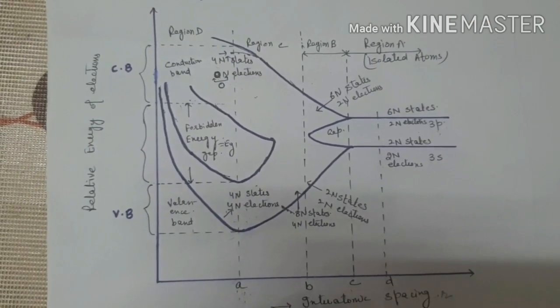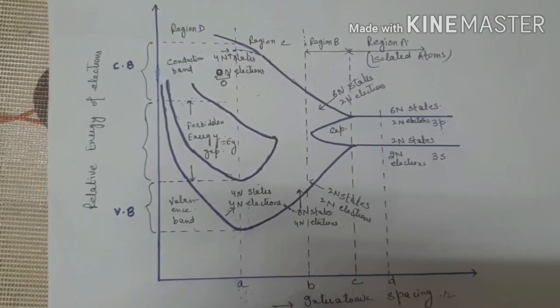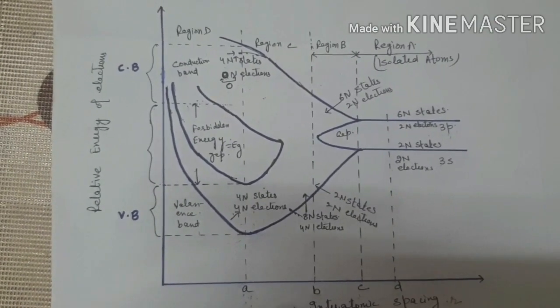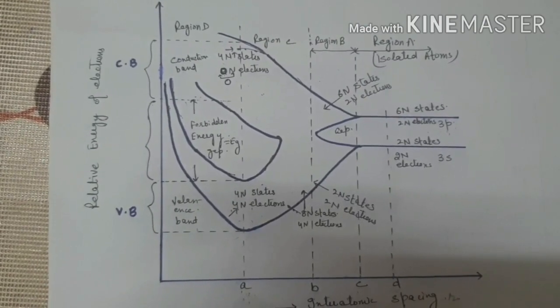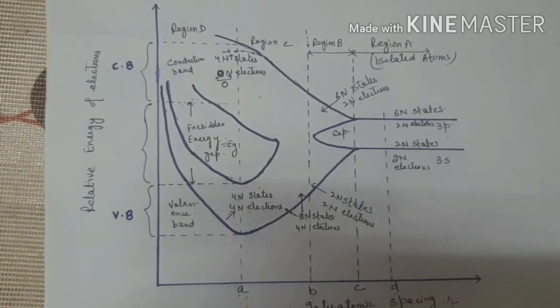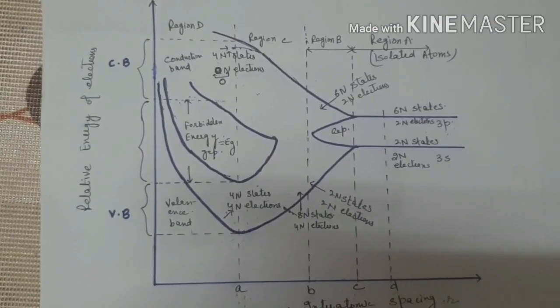So due to this reason, electrons in the outermost shells of the atoms are forced to have different energies from the energy of electrons in an isolated atom.